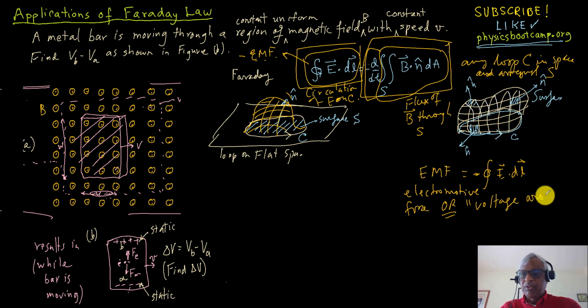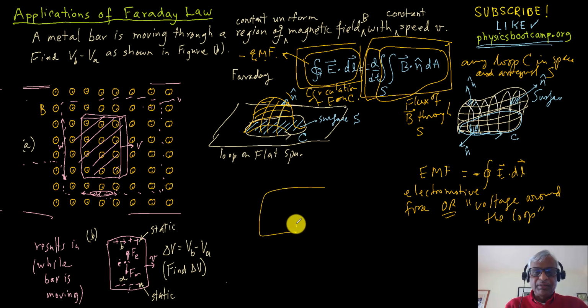If I had a circuit like this, with a DC voltage V, if I go from here all the way around back to here, I get 0.